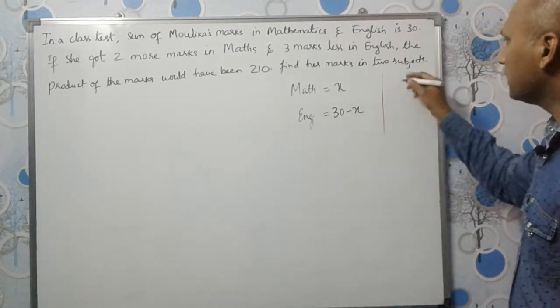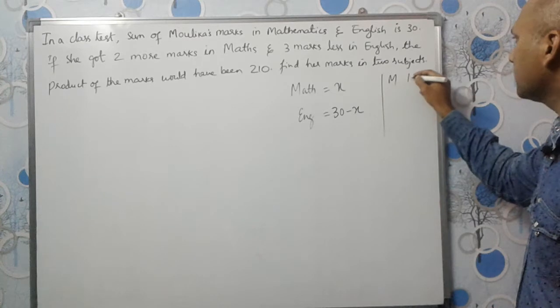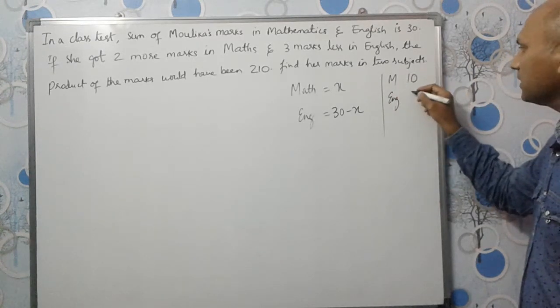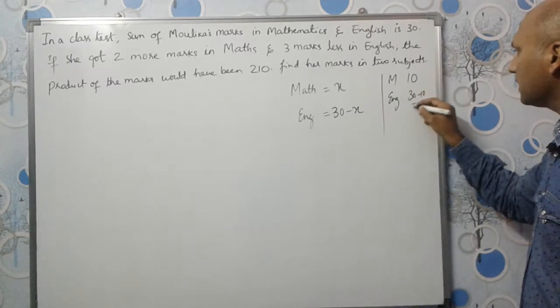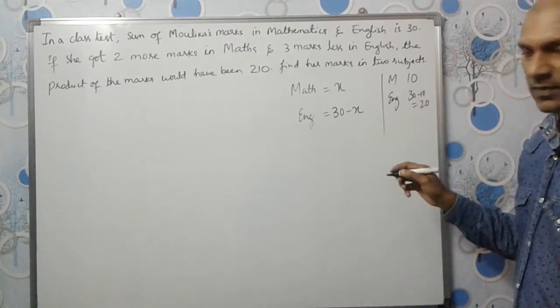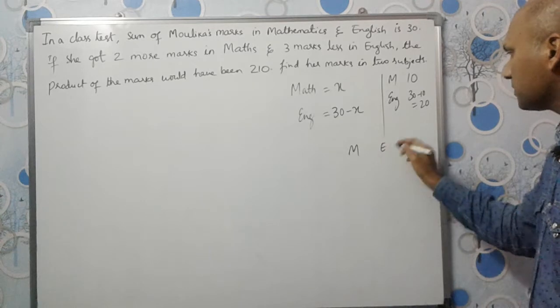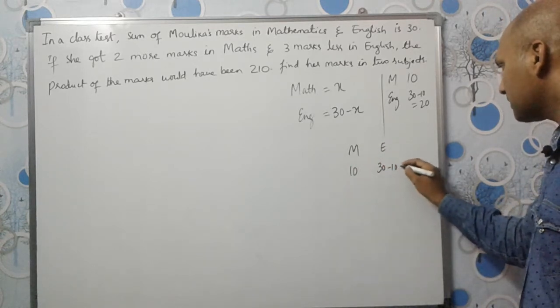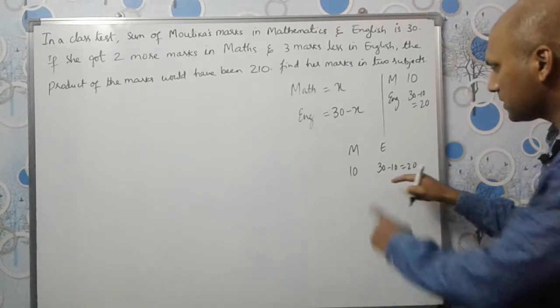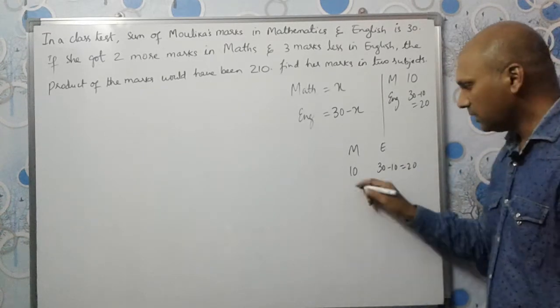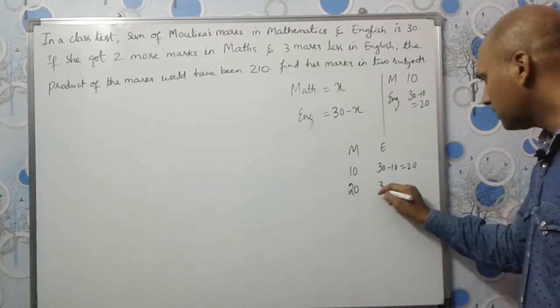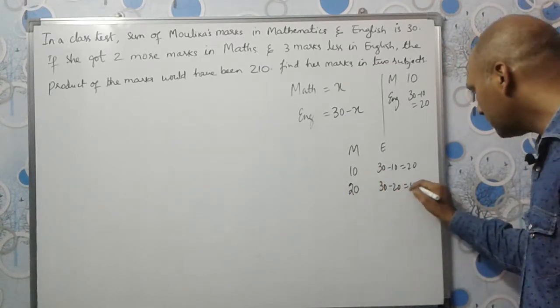Let us say in maths, if she is getting 10 marks, in English she will get 30 minus 10 equal to 20, because 10 and 20 should give us 30. If she is getting 20 marks in maths, then 30 minus 20, 10 marks.